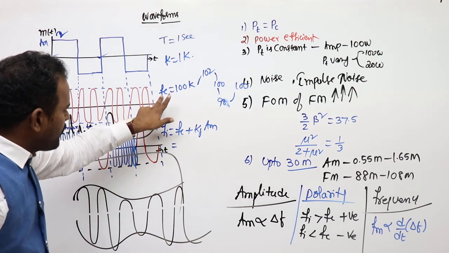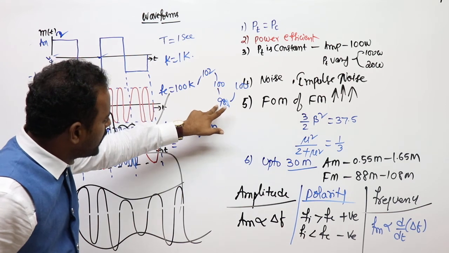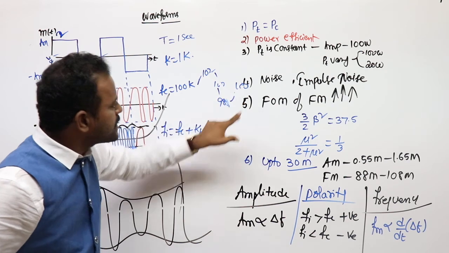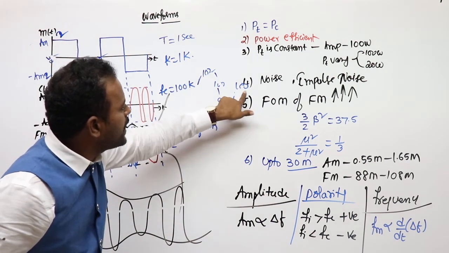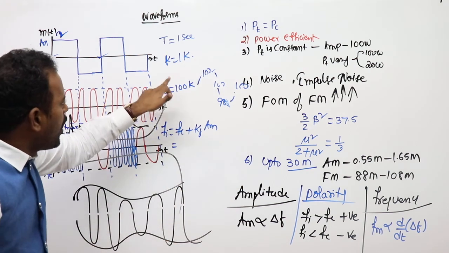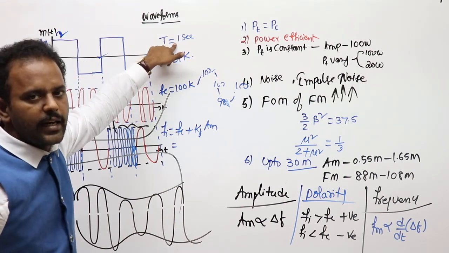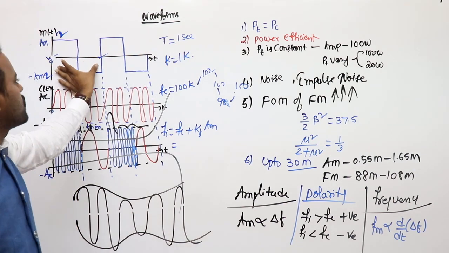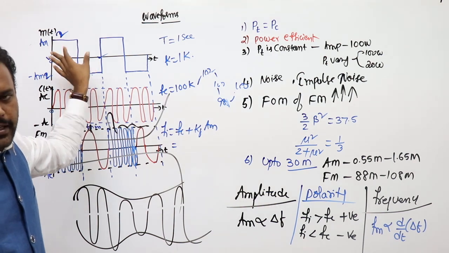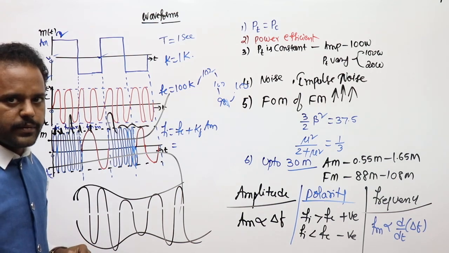Now the Fi value varies from 100 to 102, 102 to 100, 100 to 98, 98 to 100. How much total time it takes, that is the rate of deviation, called Fm. The time to make all this is 1 second, because its time period is 1. Got my point? These are about the waveforms and some of the points we discussed. Clear?